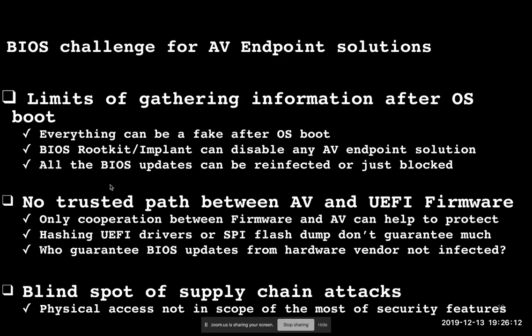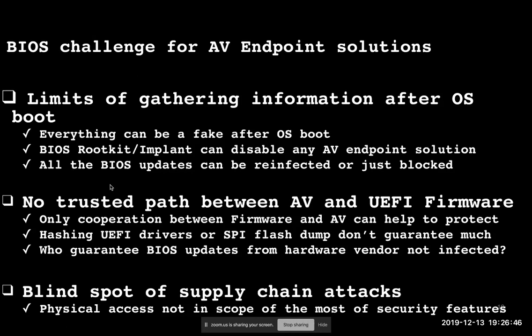And one more point: there is no trusted path between any endpoint solution and UEFI firmware. In reality, only cooperation between firmware and antivirus or endpoint can help protect users, because all the mitigations and all the things that happen in firmware are not feasible for an antivirus solution.